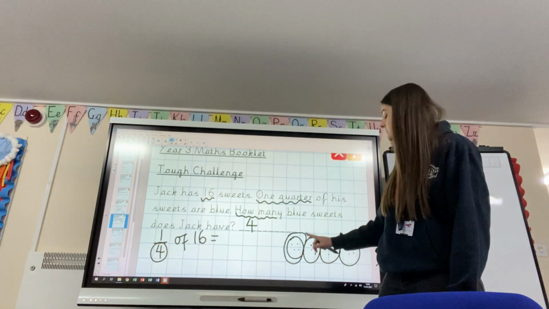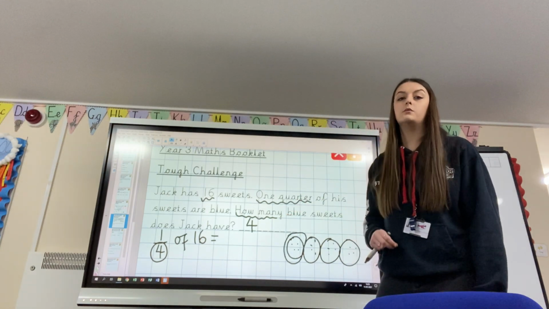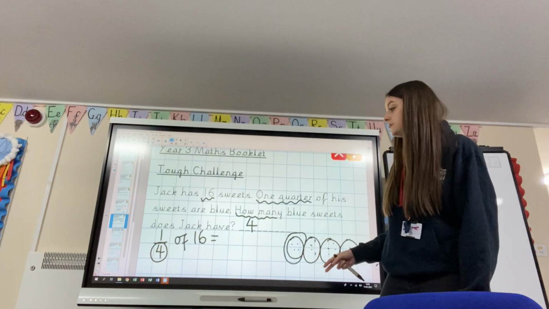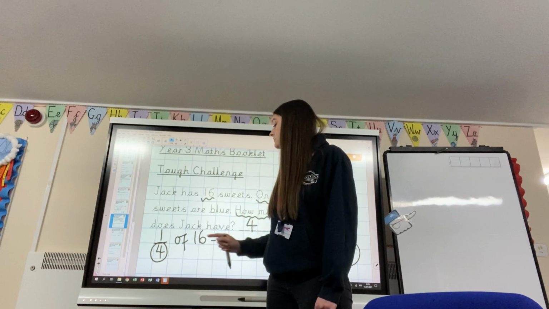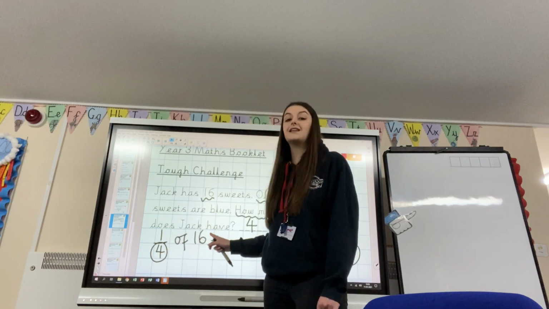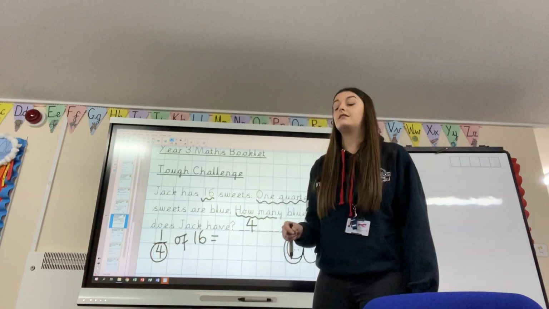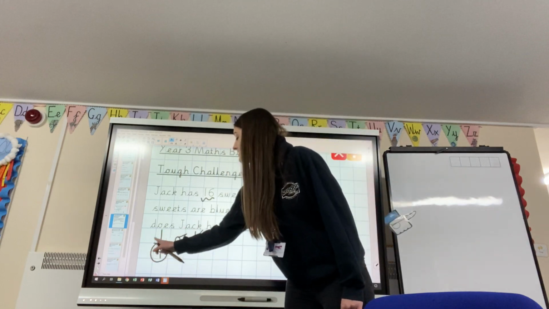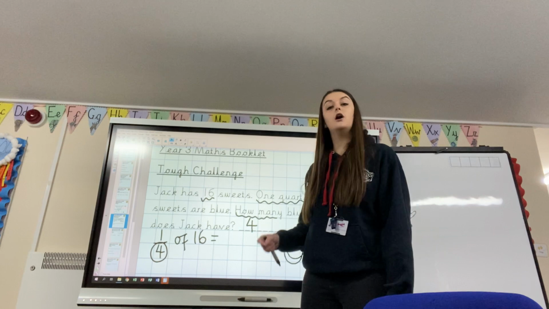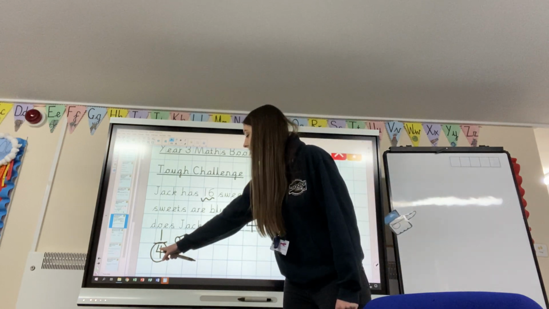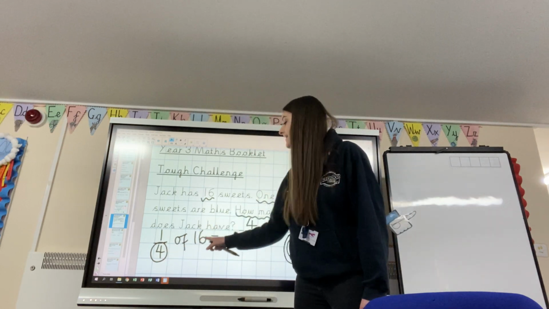So that's one way to do it, but that's quite a long way to work out a fraction of an amount. What you might want to do is when you've written out your fraction, so I've got 1/4 of 16, another way of working that out, remember I said my denominator is telling me how many equal groups. We divide by the denominator. So I'm going to count in my 4s until I get to 16.